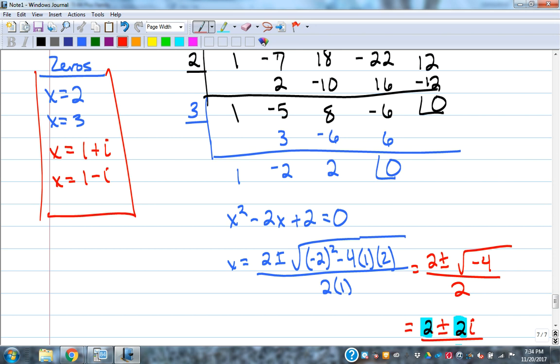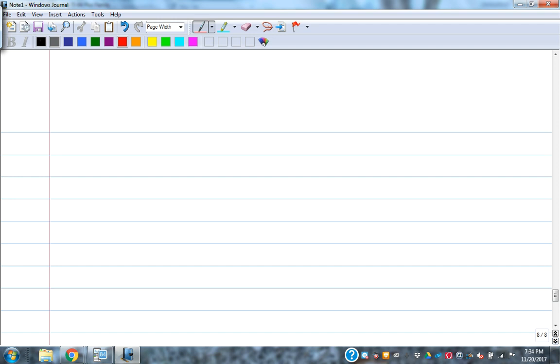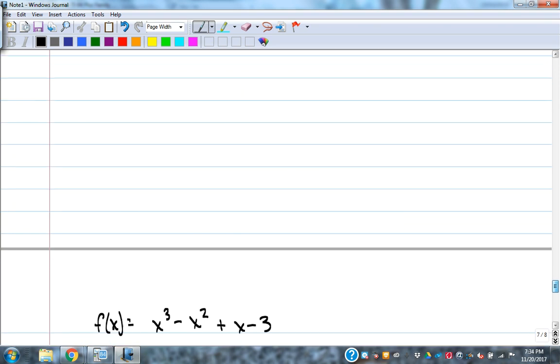All right, let's look at this one. F of x equals x cubed minus x squared plus x minus 3.